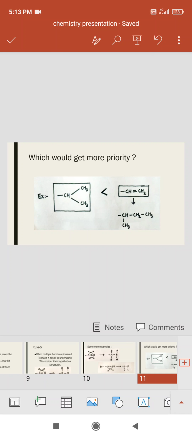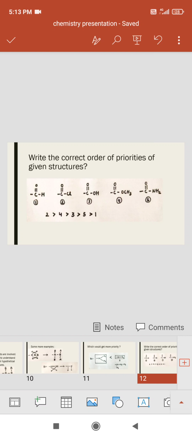In this case, write the correct order of priorities of the given structures. Here 5 structures are given. Here we do not have to consider the hypothetical structures because in all 5 cases a double bond takes place. And in all these cases, CO are identical, only they differ in the last atom and according to which we have to prioritize them correctly.